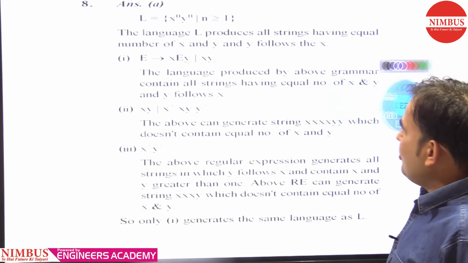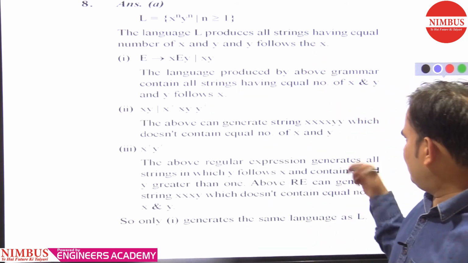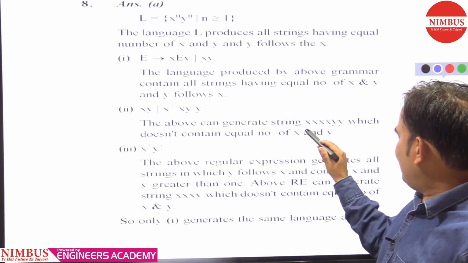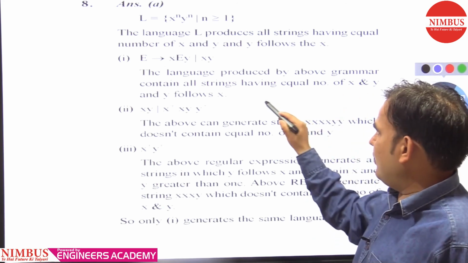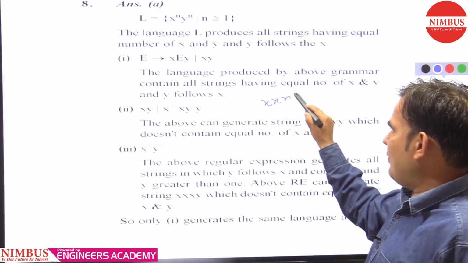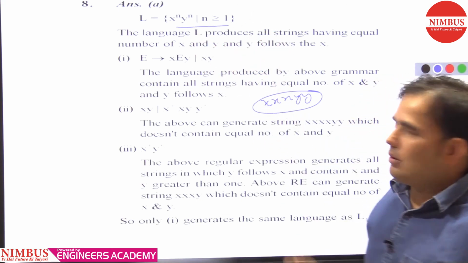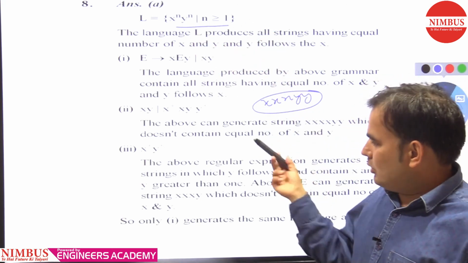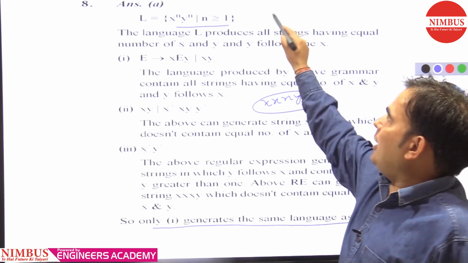It generates the same language. Here they take 4 times x and y, and I explained it earlier. This string is also not present in the language set of the given language. That's why only the first generates the same language as L. So option A is true.